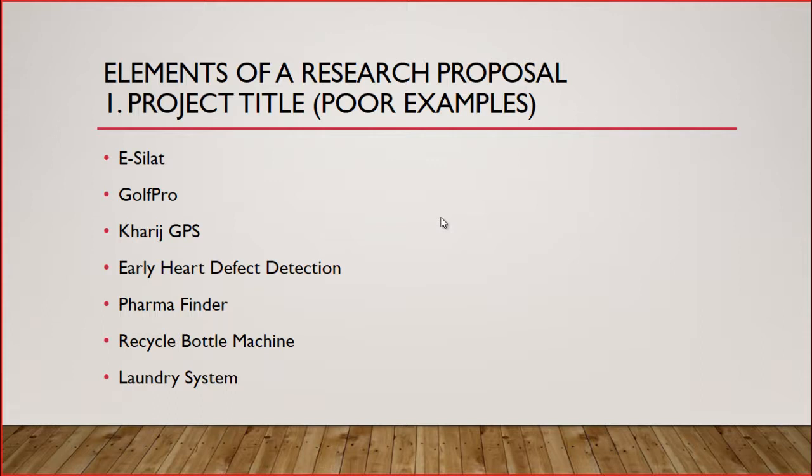And academic research must be something that is interesting. What makes it interesting? Because it's not common, or perhaps it uses a certain technology that is not common to us. Okay, so these are examples of a poor project title.